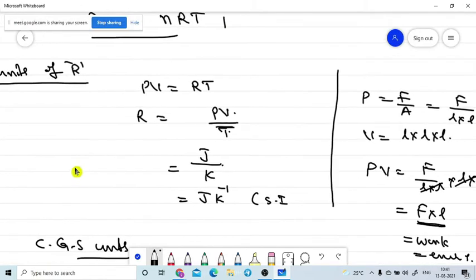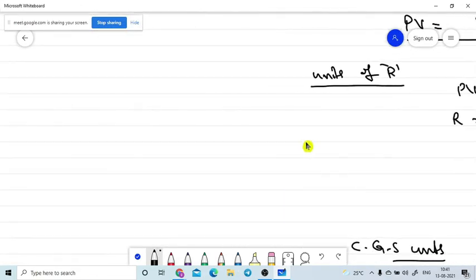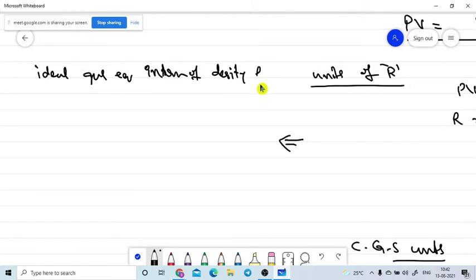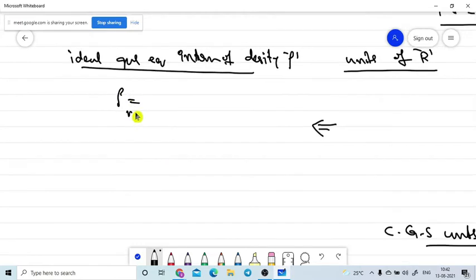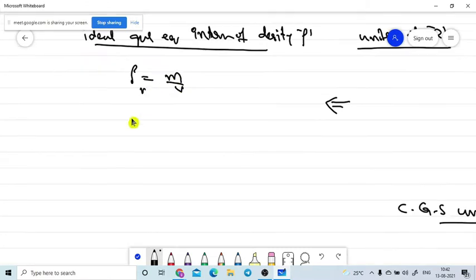So ideal gas equation in terms of density. Density rho. We know the basic fundamental formula for density. What is the basic formula for density? Density rho is equal to mass by volume. But in the ideal gas equation we don't have the mass term, but we have the volume term.